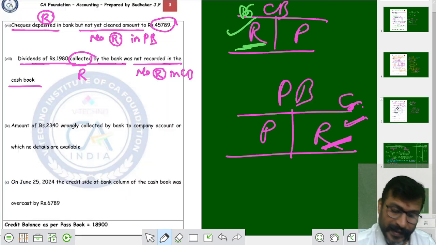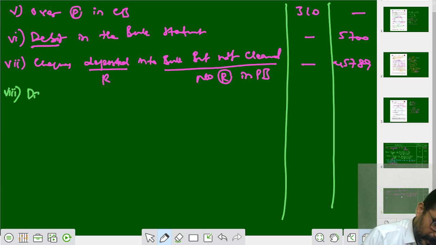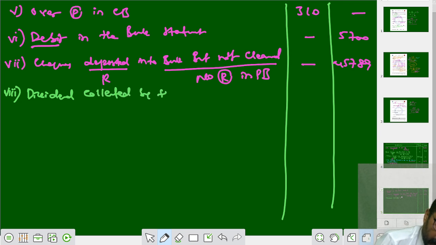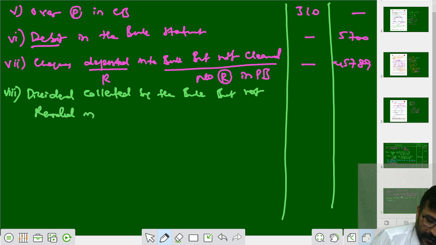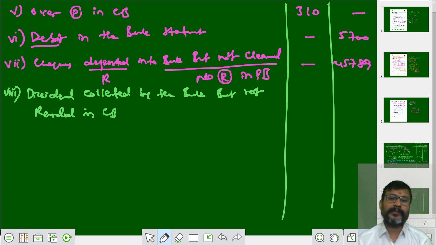What actually is the sentence? Dividend collected by the bank but not recorded in cash book.